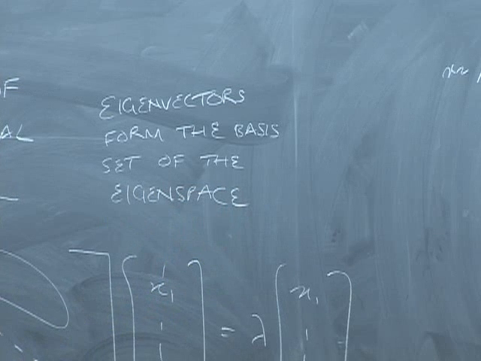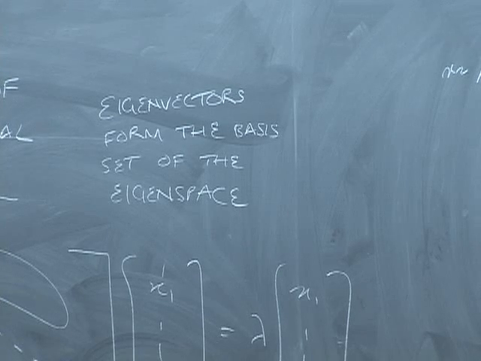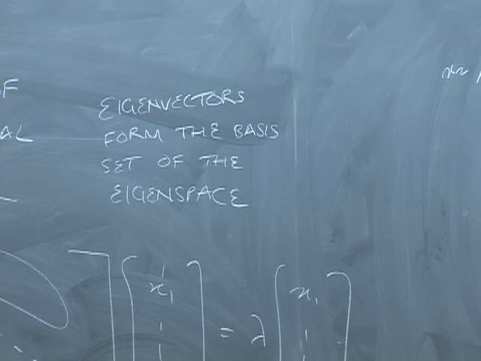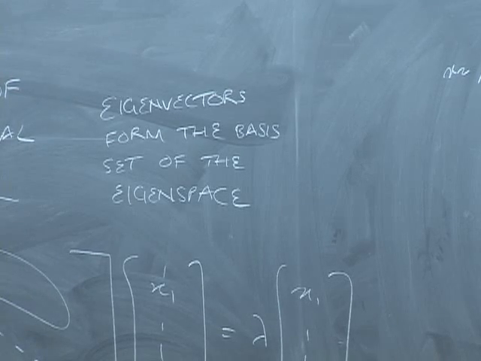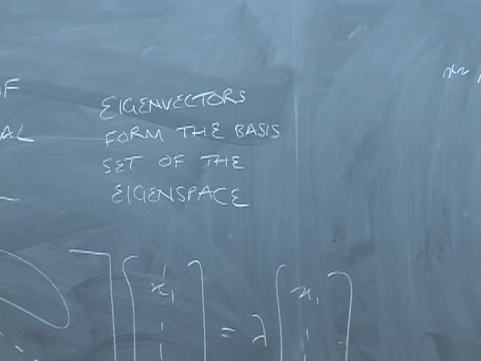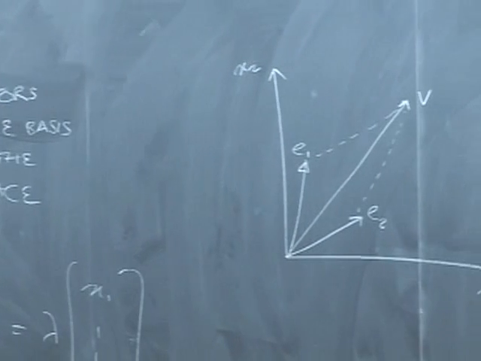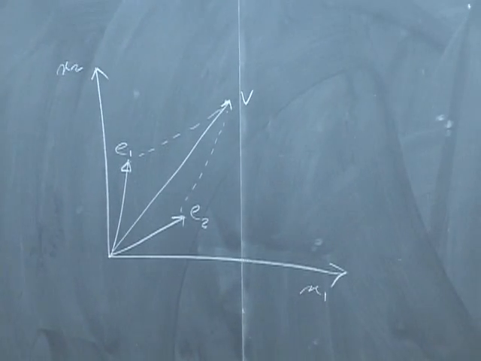In other words, the eigenvectors are going to be independent of each other. It's easy to show that eigenvectors are linearly independent of each other, and we can find the set of vectors which can be expressed as linear combinations of the eigenvectors. It's an infinite set of vectors that are linear combinations of the eigenvectors, and we call that the eigenspace. That is the space of vectors spanned by the eigenvectors.